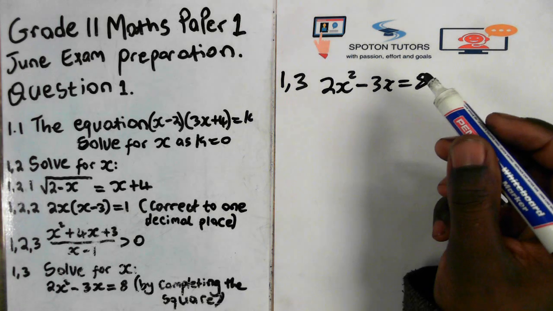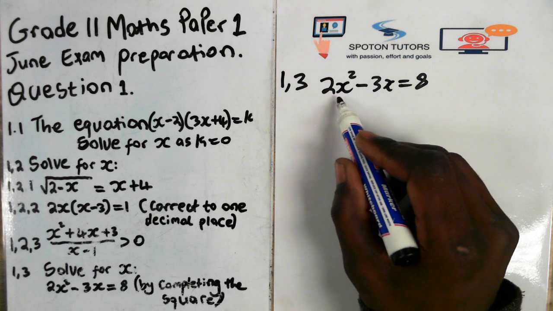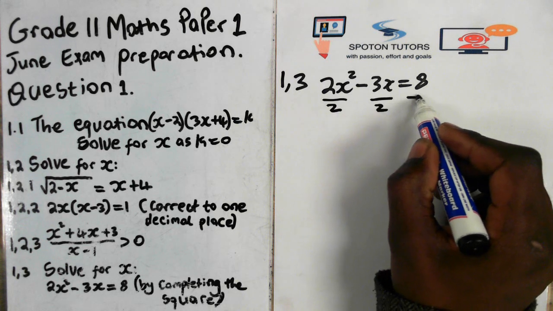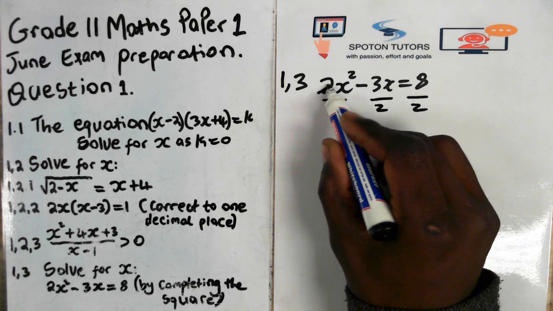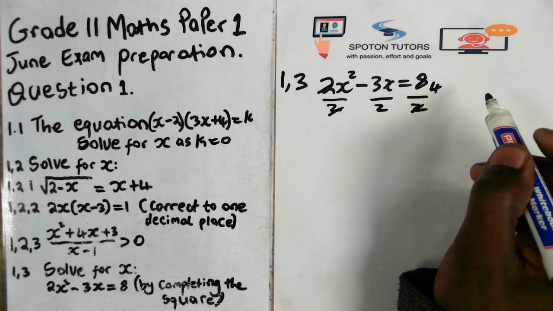So looking at this question, you see that the first thing you need to do, you need to divide by 2 throughout. You want to remove the coefficient on x squared. This would give you a 4 here.